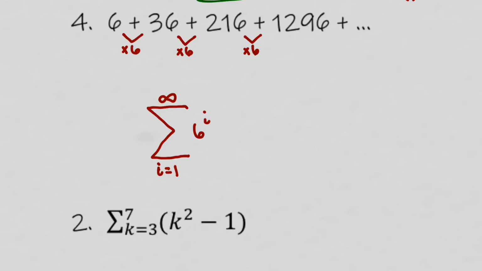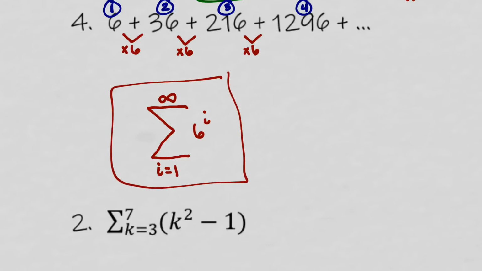So for my first term, when i is 1, 6 to the first power is 6, so that works out. When i is 2, 6 squared is 36. When i is 3, 6 cubed is 216. And when i is 4, 6 to the fourth power is 1,296. So this actually is my sigma notation for number 4.